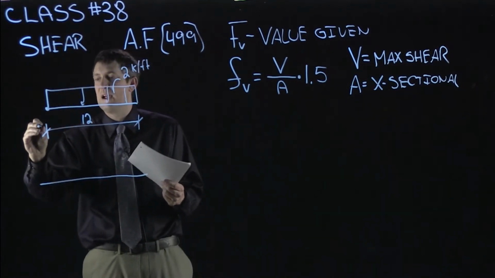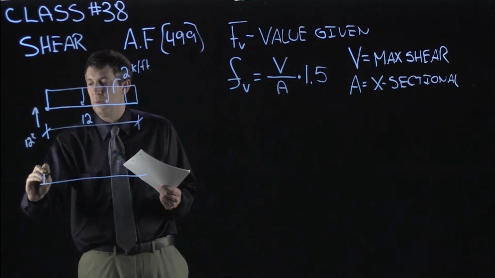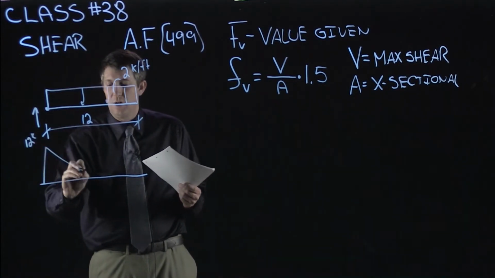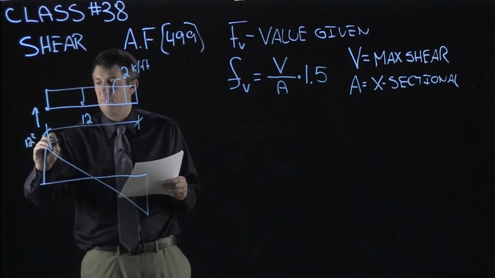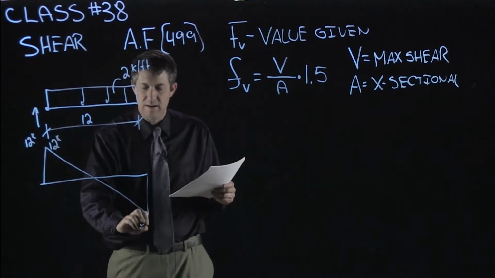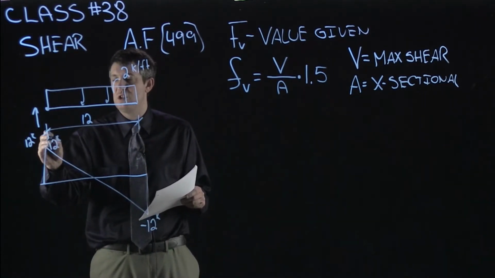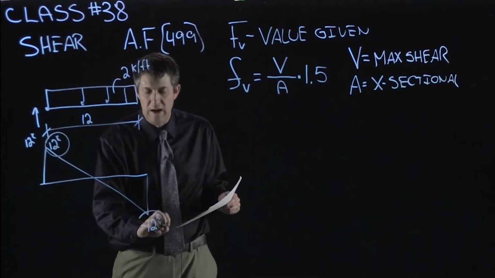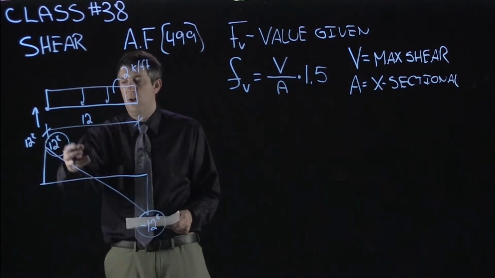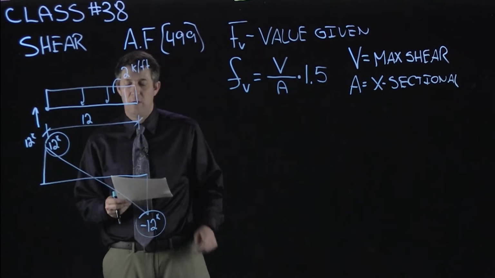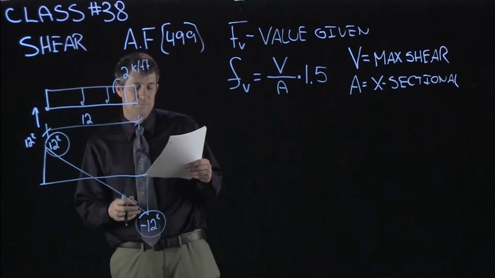So each of our reactions we know are going to be 12 kips. So we go up 12. Our shear diagram is going to look something like that. That value right there is 12 kips, and that value right there is minus 12 kips. So my maximum shear would be one of these two values. Take the absolute value: the absolute value of 12 is 12, and the absolute value of minus 12 is 12. So it doesn't really matter which value we use.